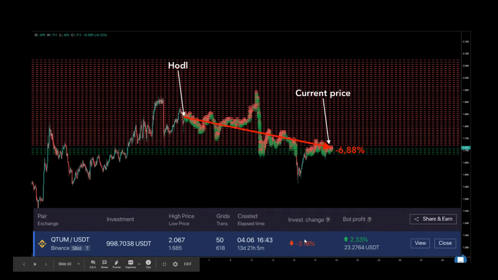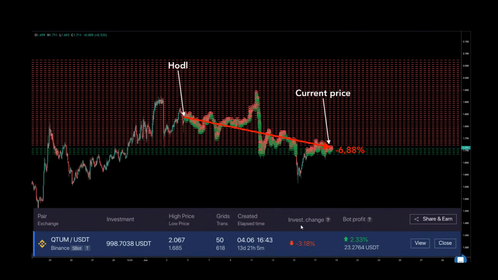Whereas if you would just simply buy Quantum and hodl it in your portfolio, you would be in the -6.88% area. So that's another advantage of automation: even if you were wrong about the market direction and unfortunately the price falls, the bot minimizes the loss significantly. You see, that's by more than twice. It minimizes the overall loss.